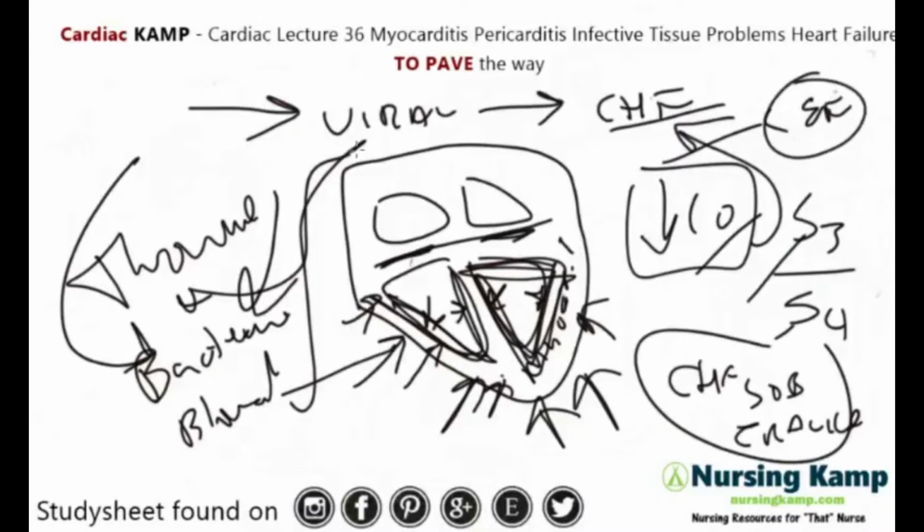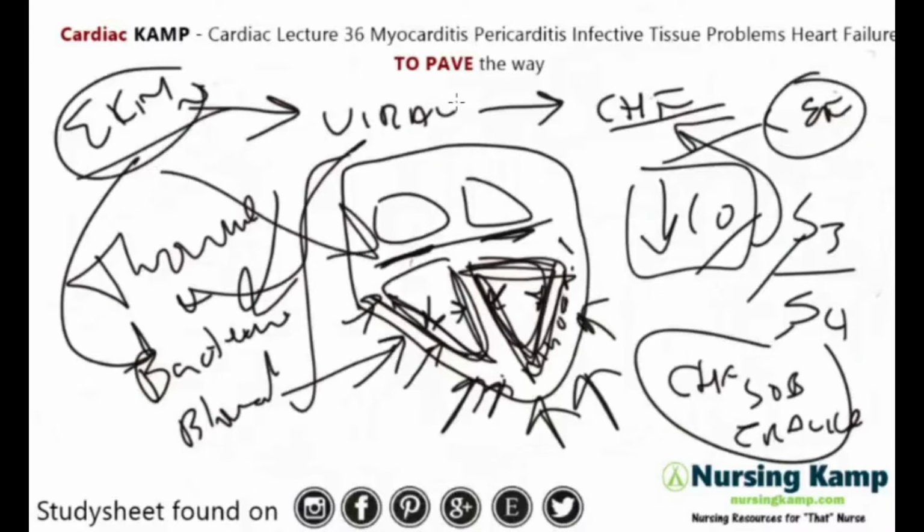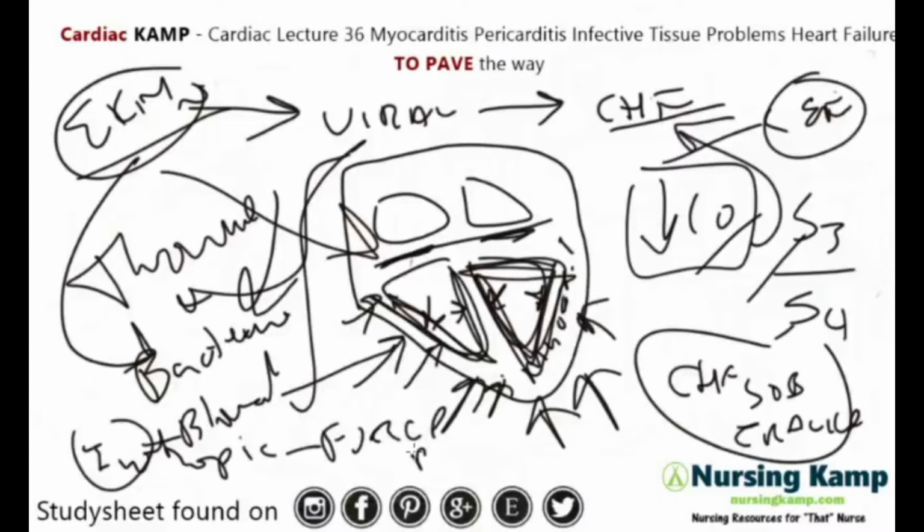So they're going to get an echo to see how much damage is done to the heart. And they might get some inotropic medications. Inotropic means force of contraction. It increases contractility. Definitely bed rest, because these patients are going to be really winded and short of breath, and they're going to be acute.